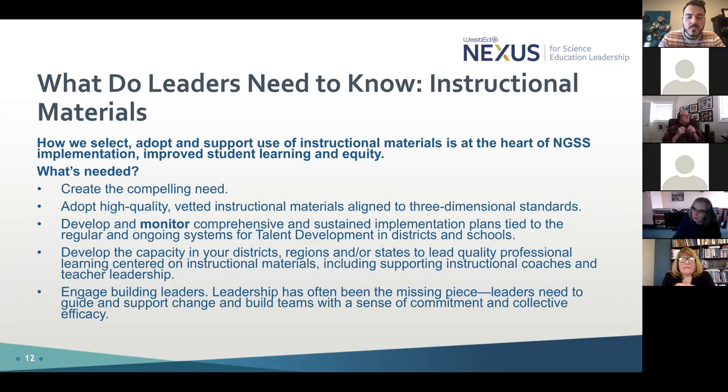And in addition, I think what's needed is for us as leaders to be able to help people ensure that they have high quality instructional materials. They may not be ready to adopt a whole cloth.